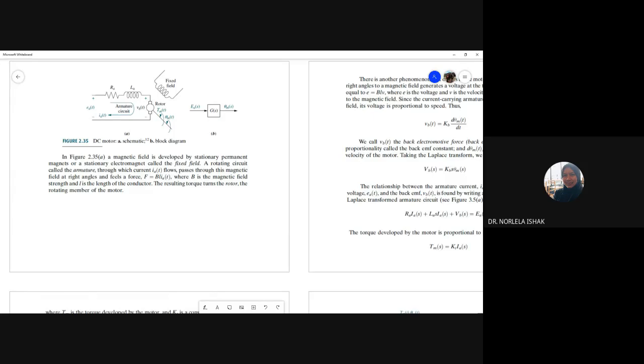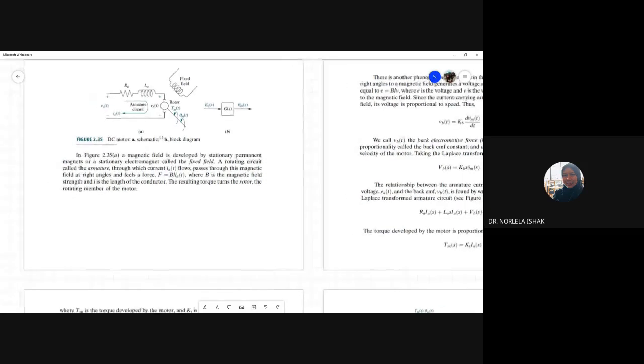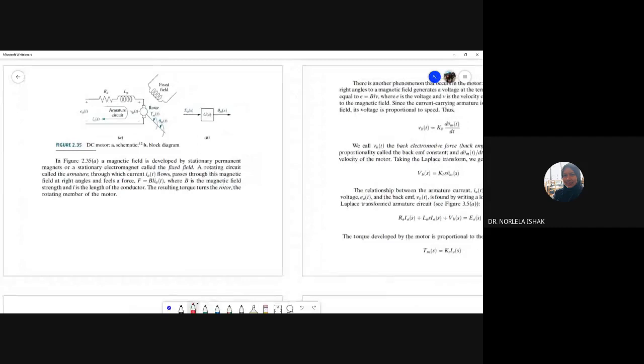So from here, what equation can we get? Torque is proportional to the current.